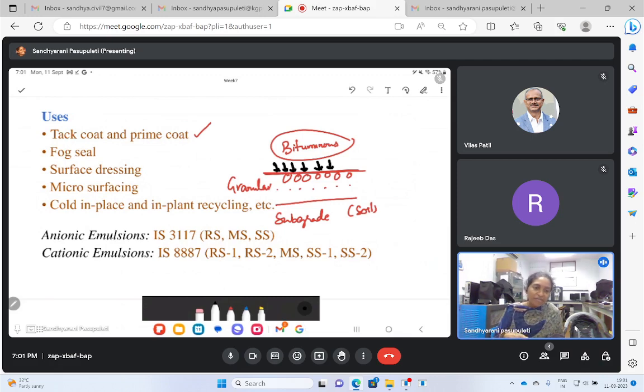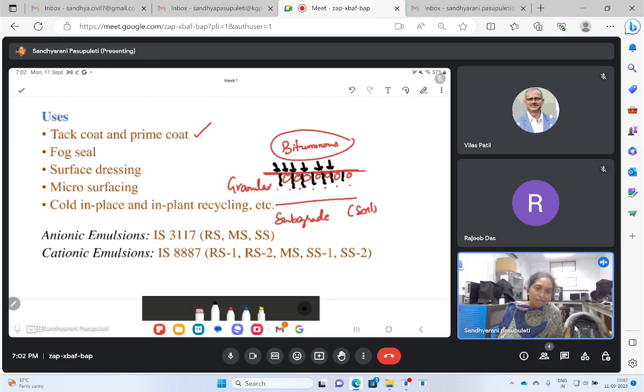Emulsion is very less viscous in nature. When I apply the emulsion, or a very low viscous bitumen can also be used as this prime coat, that bitumen will slowly enter into the voids of the granular layer and fill whatever voids are present.